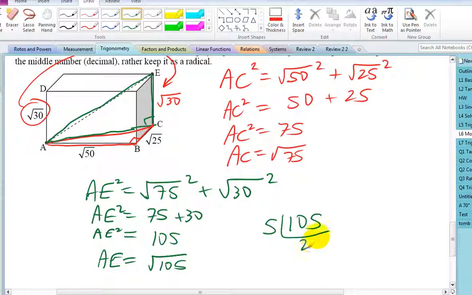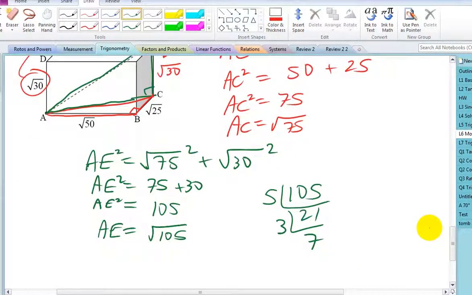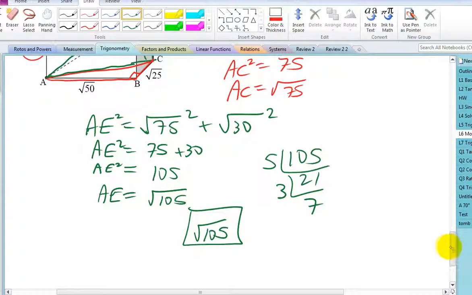So you have to do your little ladder thing. Oh, good. Can we simplify this one at all? No, because there's no pairs. Right? If we had pairs, we could take one out. So our final answer is root 105. No decimals, folks. Okay, no decimals. Okay. Any questions?